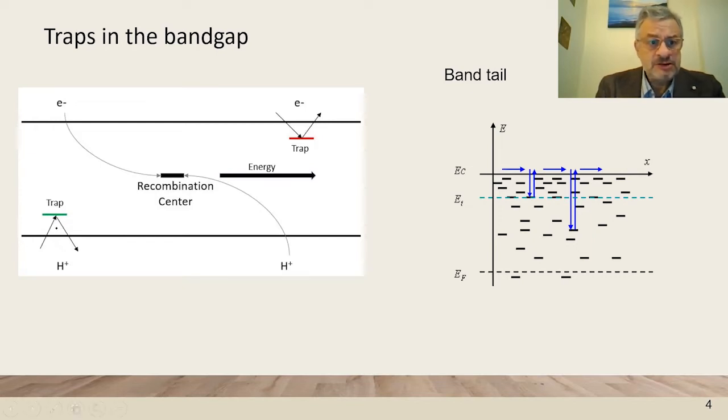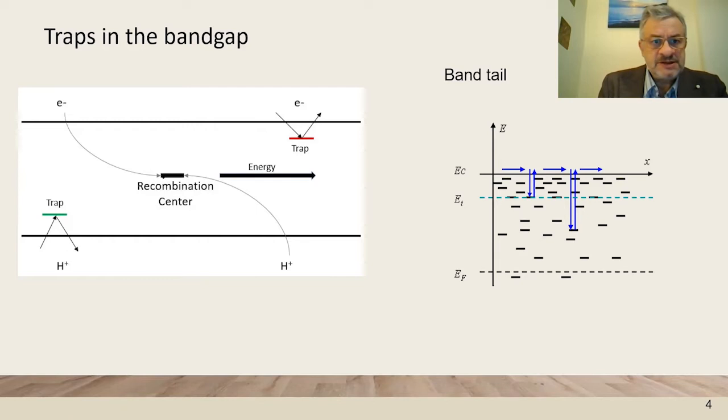And a level close to the valence band edge will capture a hole and release the hole. So we can have trap limited transport because there are plenty of electrons in the conduction band, and as they move, they are being trapped and released.